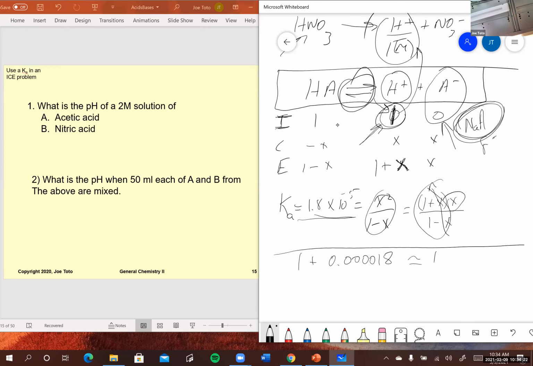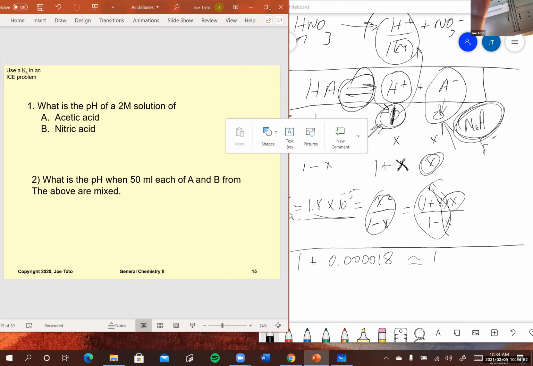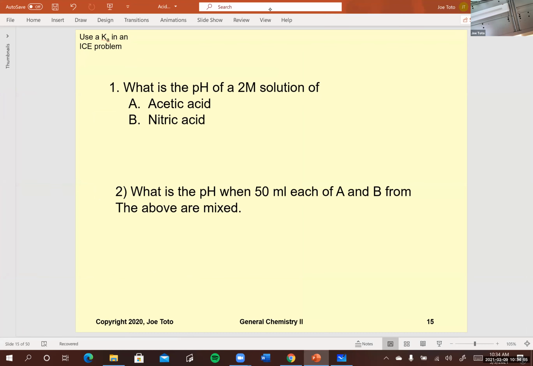And so you get a whole bunch of situations now where you might not have zero initially, and the X's that you're going to calculate after are going to be less because of what's called a common ion effect. And it goes hand in hand with thinking about equilibrium from the point of view of Le Chatelier's principle. So it's all tied together. Anyway, let's go on, unless you want to talk about that a little bit more.